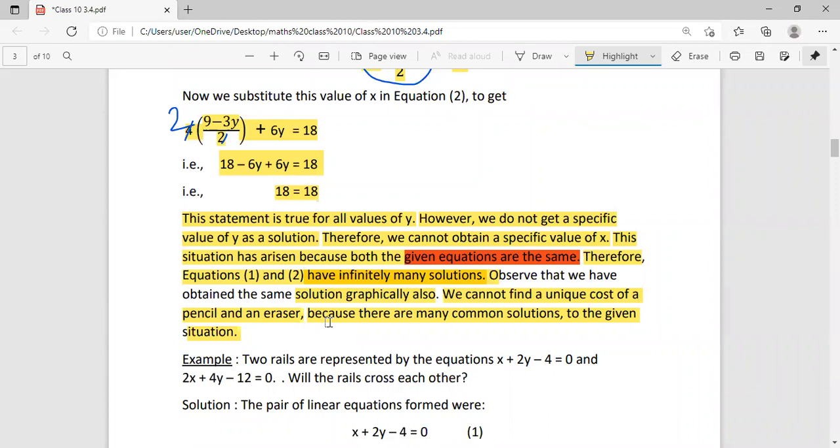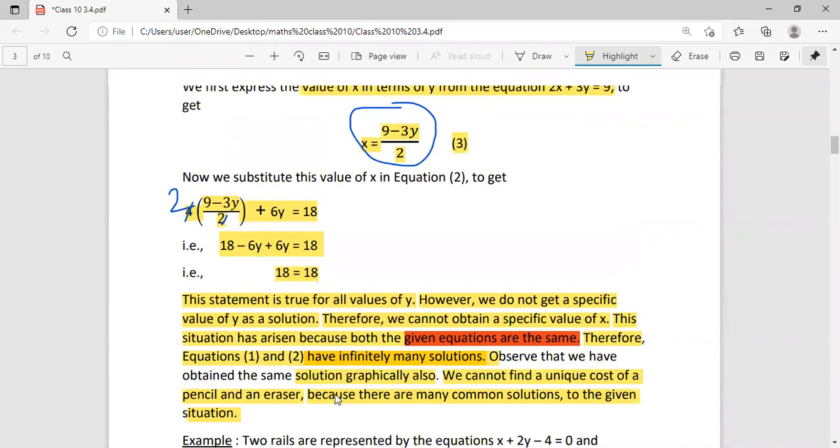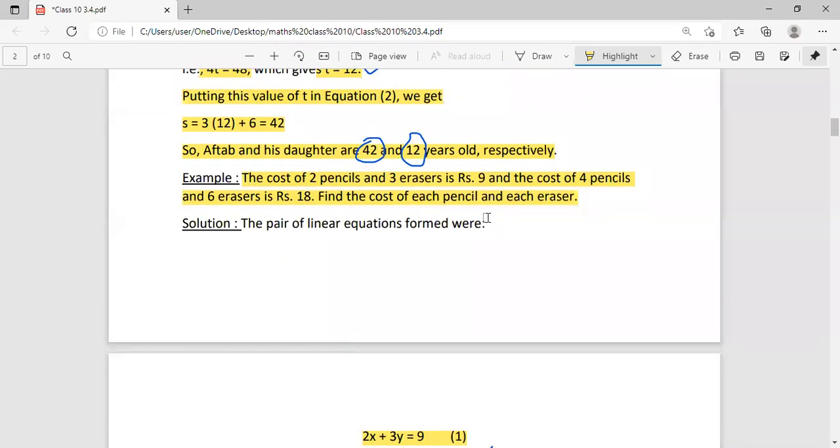So again, I am repeating. If you are given a problem to solve using the substitution method, first of all, you have to write x in terms of y or y in terms of x. That depends.